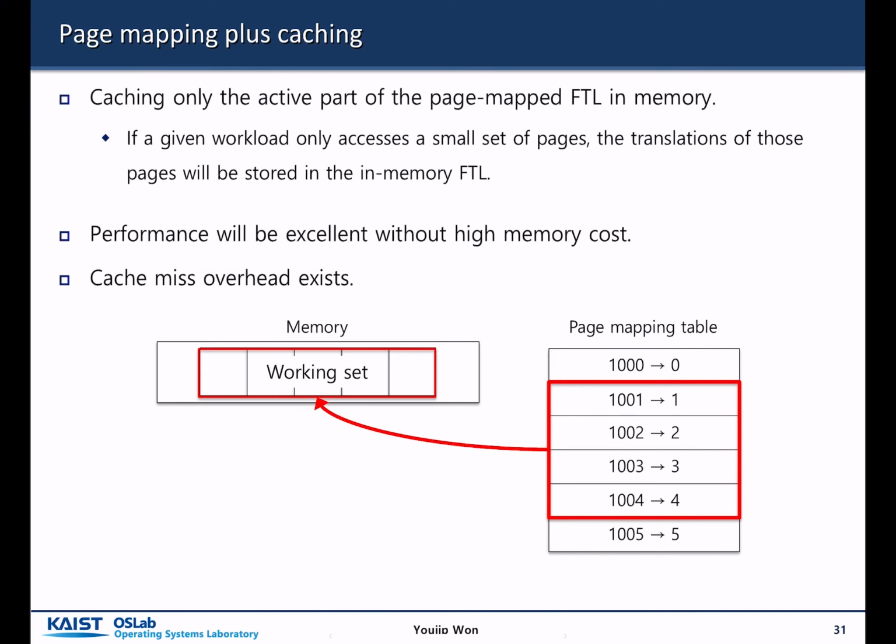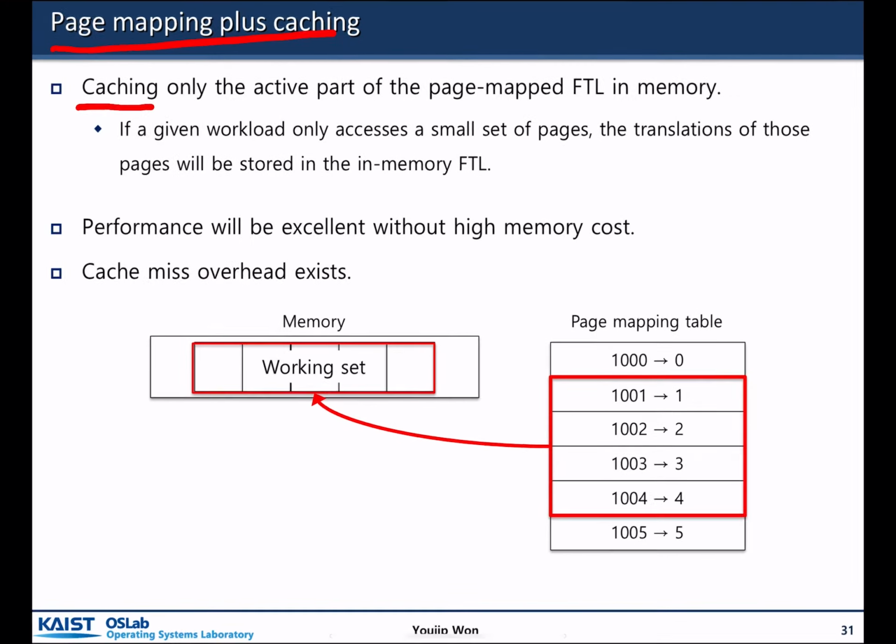Next topic is page mapping plus caching. In case the page mapping table is too large, we only cache a subset of the page mapping and leave the rest of it at the storage device. So in page mapping plus caching, we cache only the active parts of the page-mapped FTL in memory.